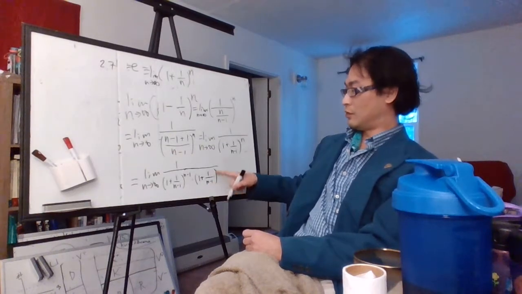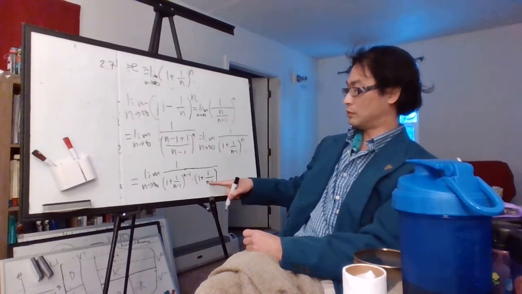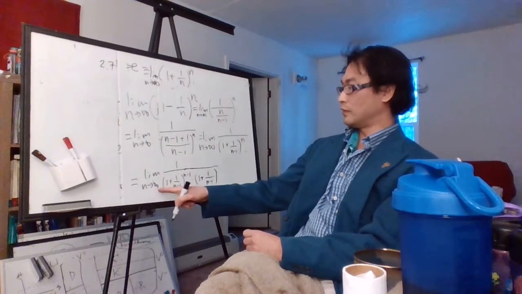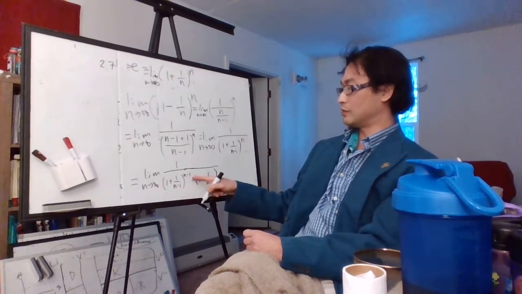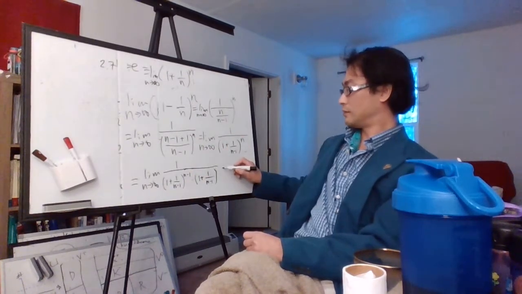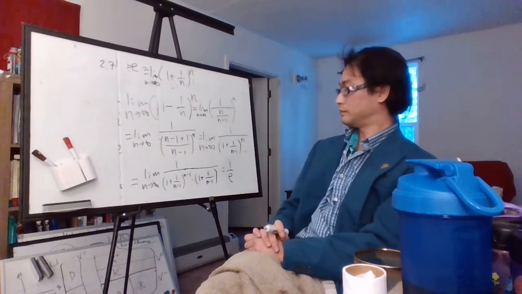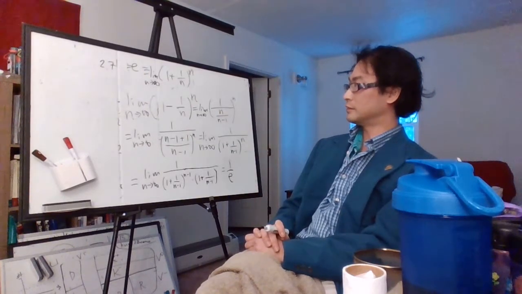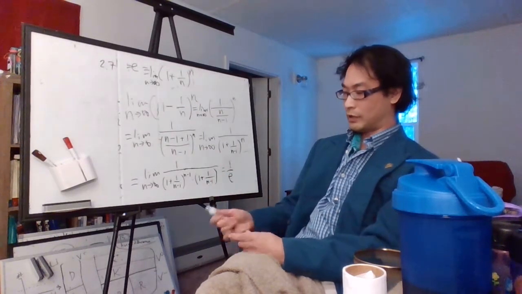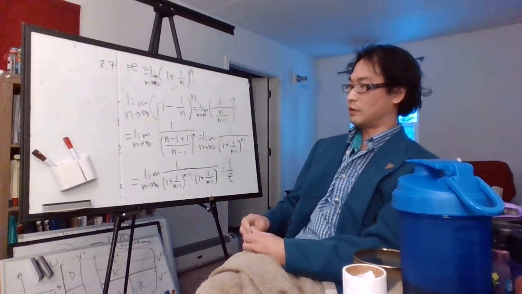So 1 over infinity is 0, so it disappears. As n goes to infinity, n minus 1 goes to infinity too. So this becomes 1 over e. Why did we do this? Because we'll need this later on.